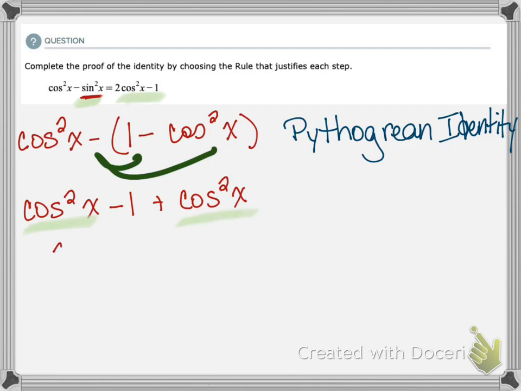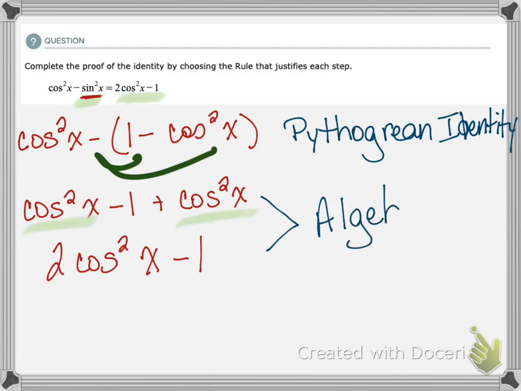So I can turn that into 2 cosine squared of x minus 1. And both of these steps right here are algebra. Now I have gotten to what I needed to get to, which is 2 cosine squared x minus 1. So this is my answer right here, and I have proven this identity.